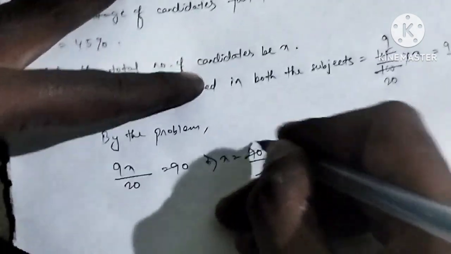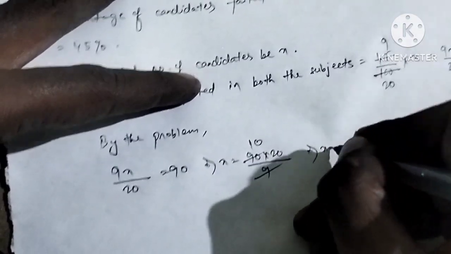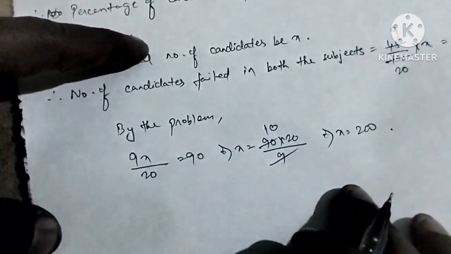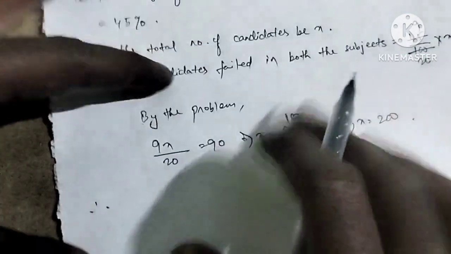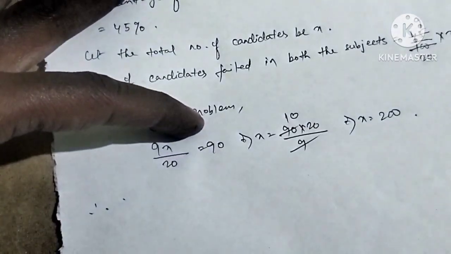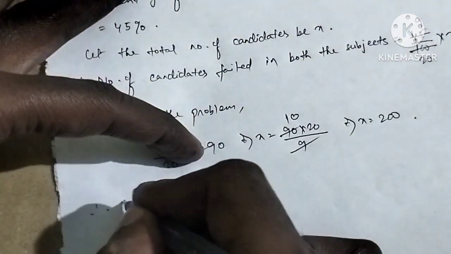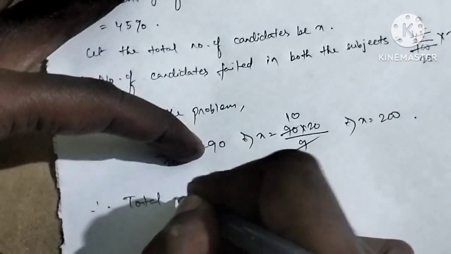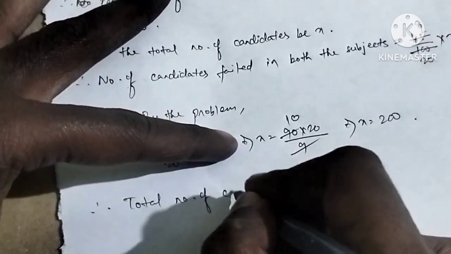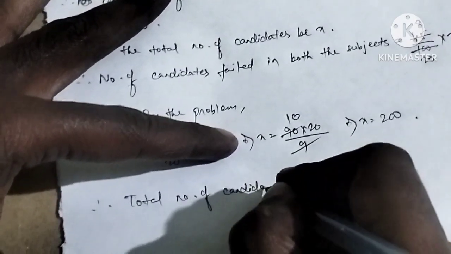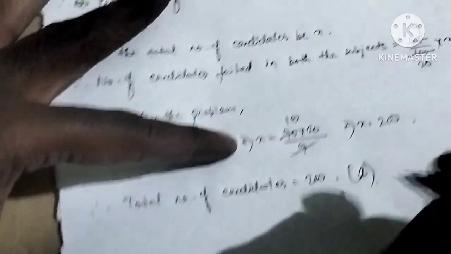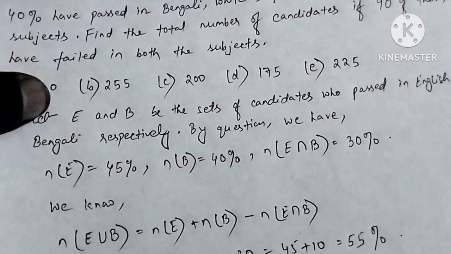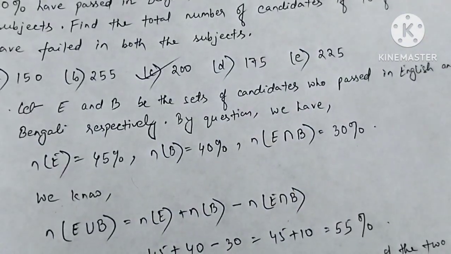That means x is equal to 200. So therefore the total number of candidates is 200, and that is the answer. So option number C is the correct option. Okay, thank you.